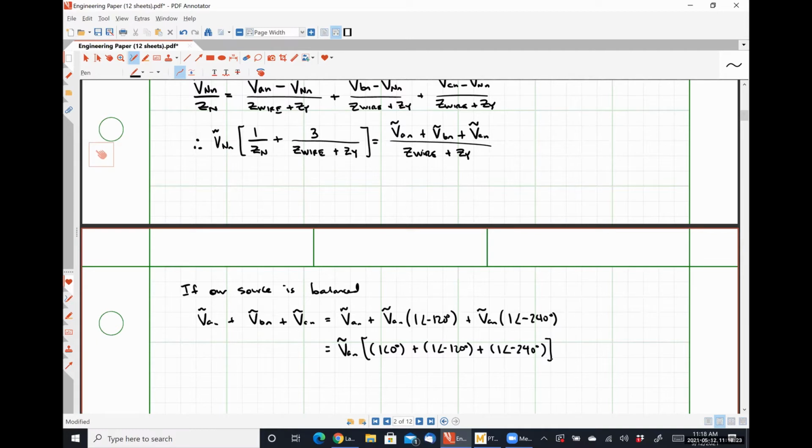Is everybody clear what I've just done? I'm listing all of my three different phase voltages with my voltage VAN as effectively a reference.